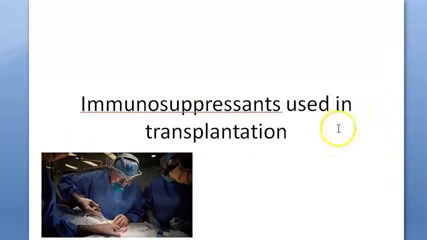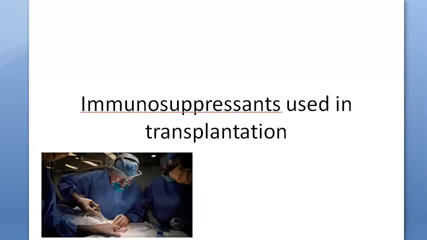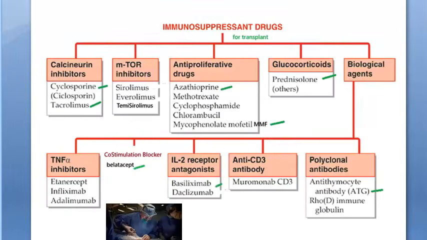Now let's move on. We are done with three classifications: antiproliferative agents, calcineurin inhibitors, and glucocorticoids. Let's move to the fourth one. The next one is polyclonal antibody, antithymocyte antibody. These are antibodies to cell surface proteins that deplete or block T cells.